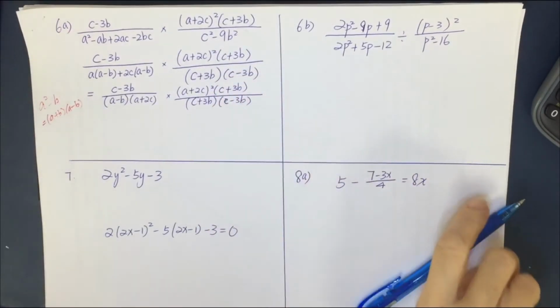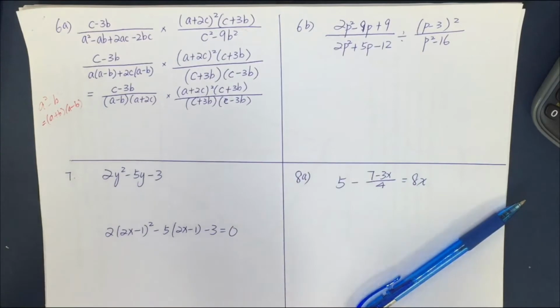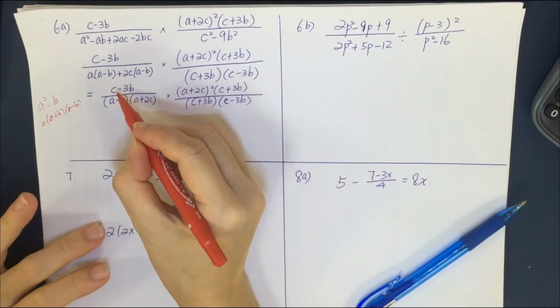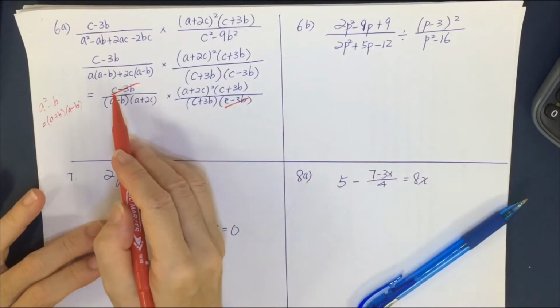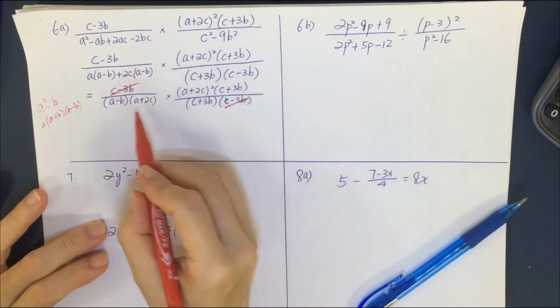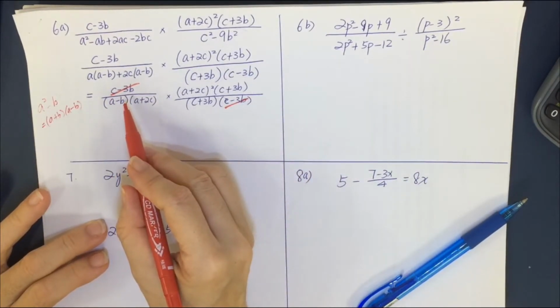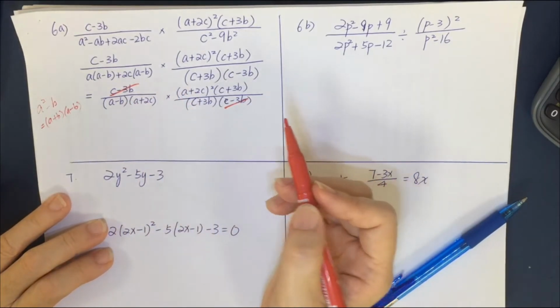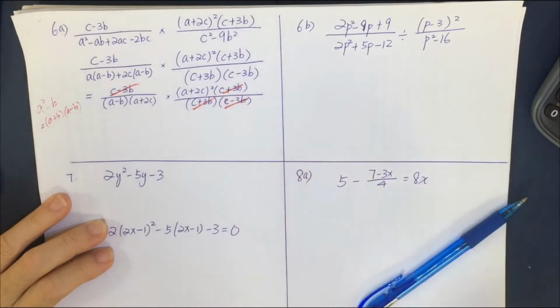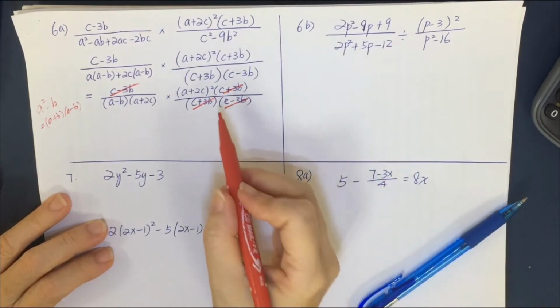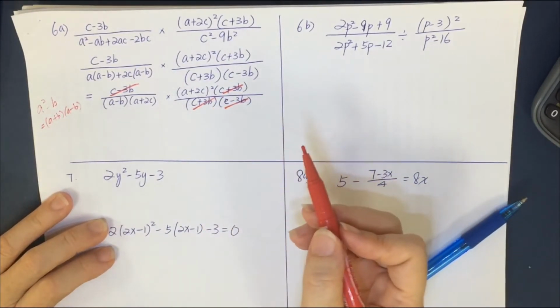Now I'm going to do all the cancellation together. So here, c minus 3b and c minus 3b, I divide the numerator and denominator both by c minus 3b, so I'm left with 1. And this one, c plus 3b and c plus 3b are also the same, so I divide them also, and I'm left with 1.